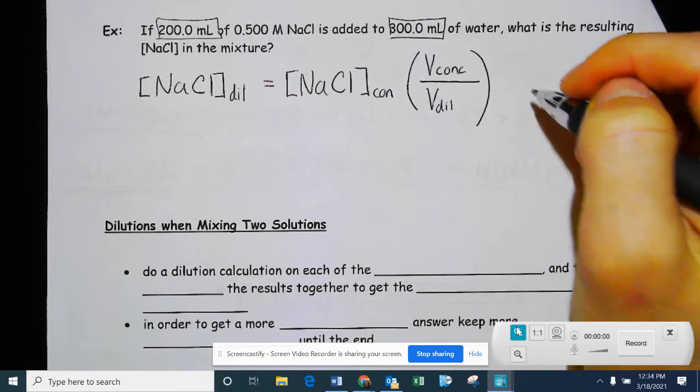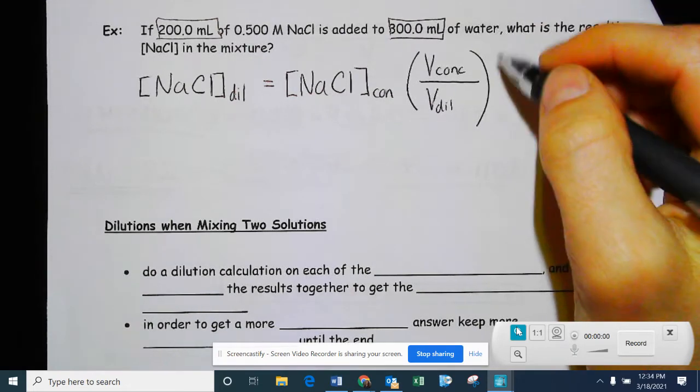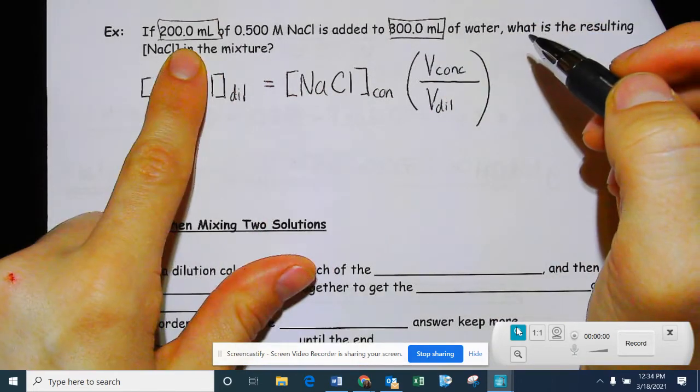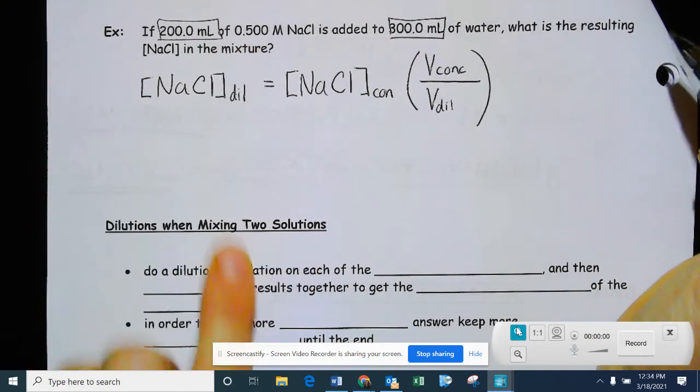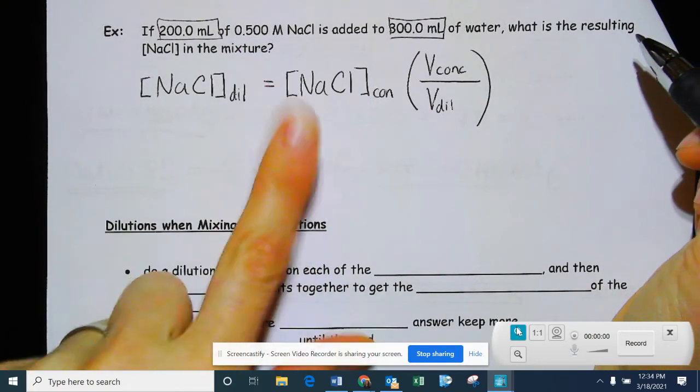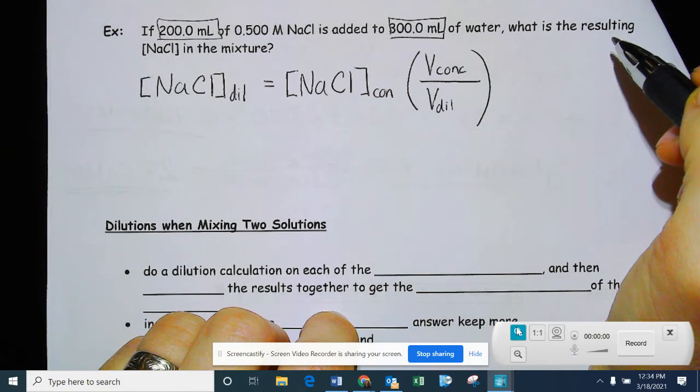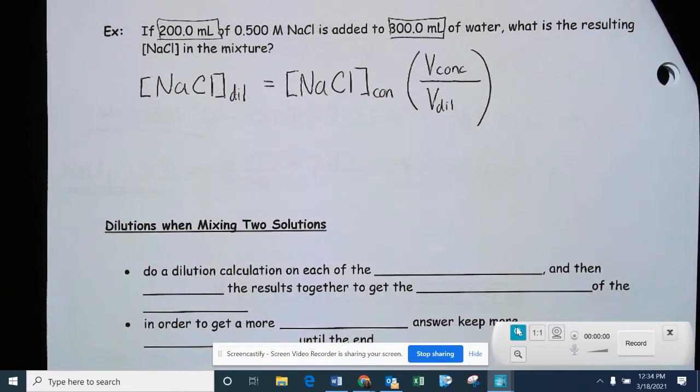That concentration is 0.500 molar. Okay, so we're just going to replace what we know in this formula.